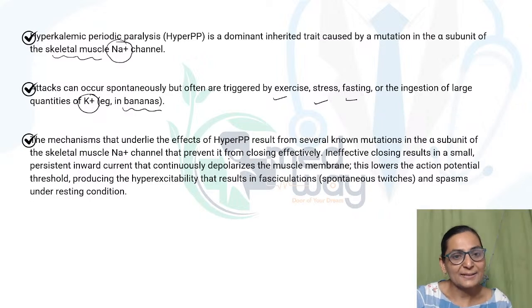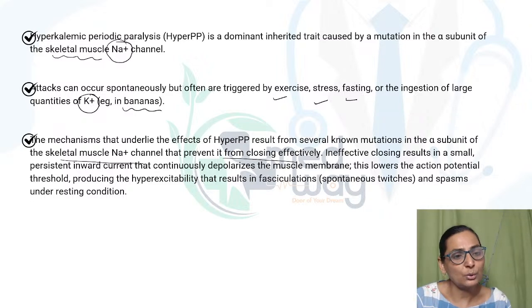Now, what is the mechanism in hyperkalemic periodic paralysis? There is a mutation in the alpha subunit of the sodium channel that does not allow the sodium channel to close effectively. You know that it is very important for the sodium channels to close. If they do not close, what will happen?